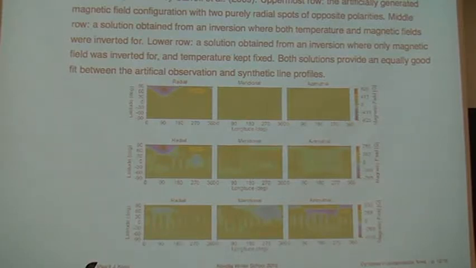Then you do your inversion, where you simultaneously invert for the magnetic fields and for the temperature. And then on the bottom line you see the same thing, but you keep your temperature constant. Then you see that you don't see basically any radial magnetic field, but you see these azimuthal structures.